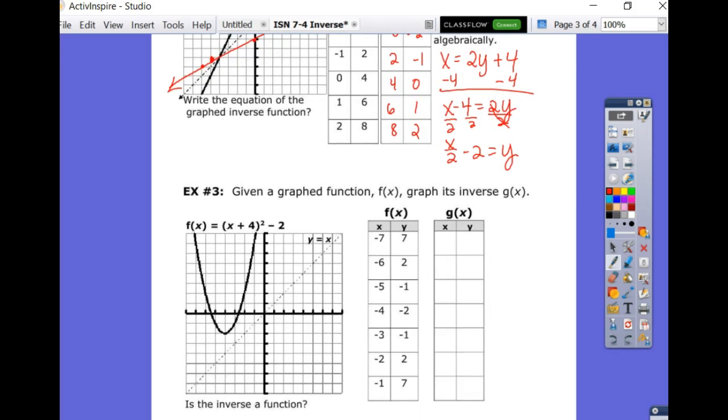Go ahead and graph the next one. Did everybody check their name?